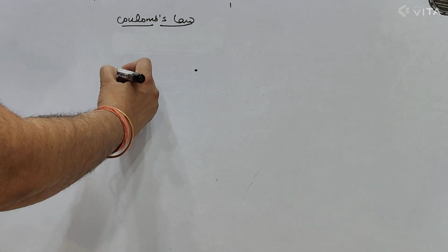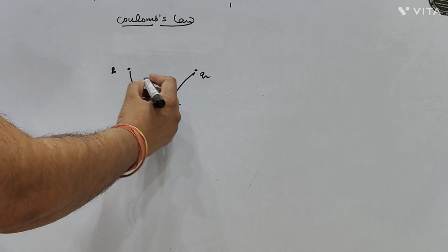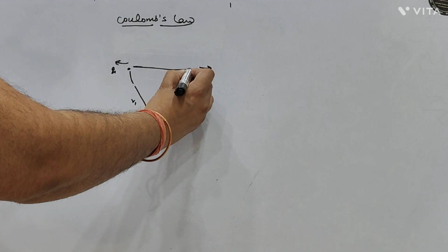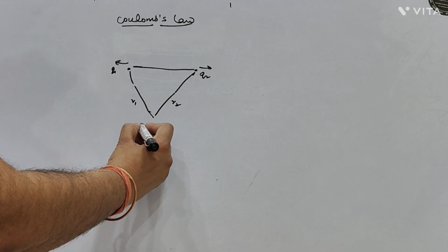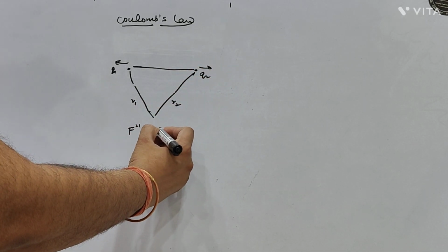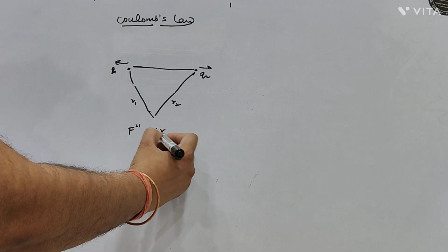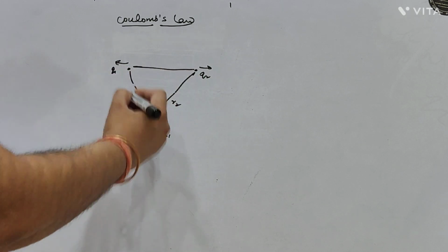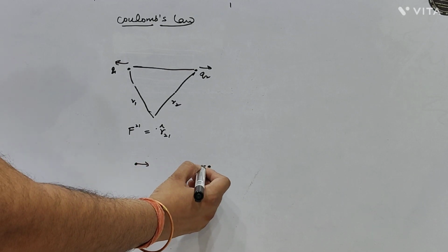Now, if these forces are repulsive, then the force on Q2 by Q1 is in this direction, and the unit vector in this direction is written as r. The force is along r21. If they are not repulsive, they attract each other. These are the opposite charges.